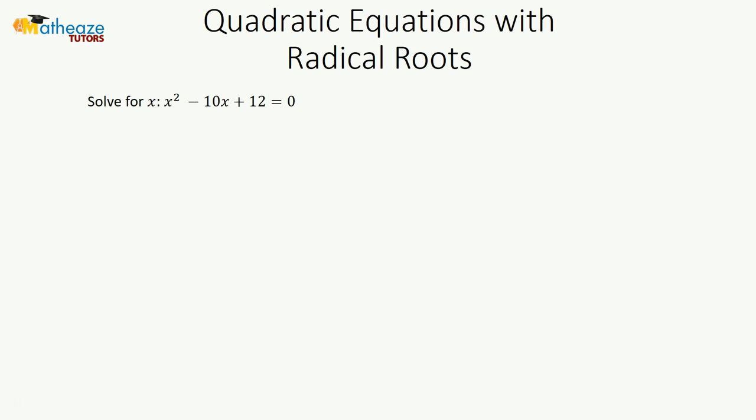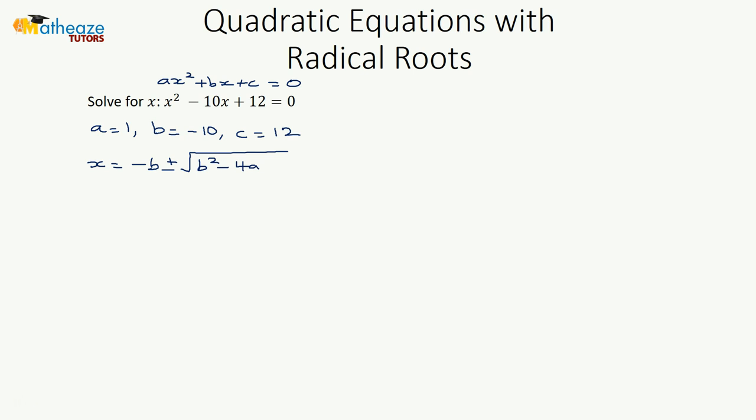Now, let's compare. So, a equal to 1, b equal to negative 10, c equal to 12. That's because we're comparing against ax squared plus bx plus c equal to 0. So let's get the quadratic formula. It's minus b plus or minus the square root of b squared minus 4ac, divided by 2a.